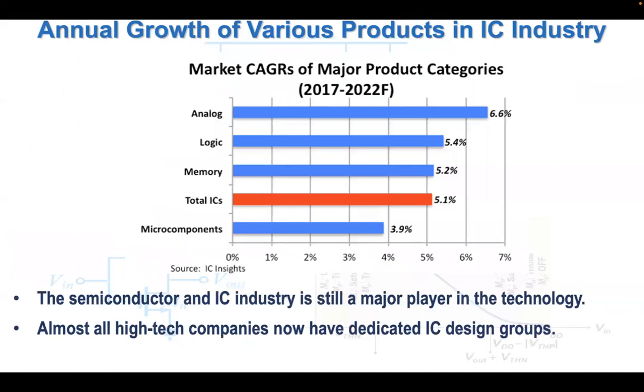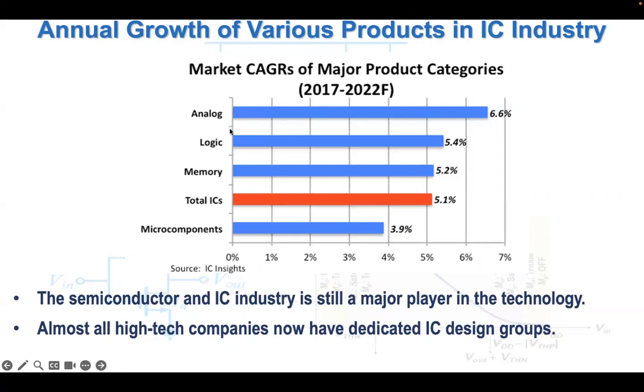Okay, finally, I would like to share with you another graph that exhibits annual growth of various products in the IC industry. By the way, I got this graph from IC Insights.